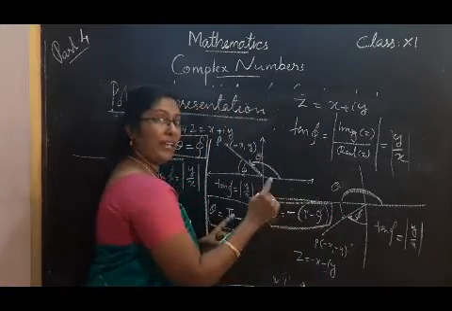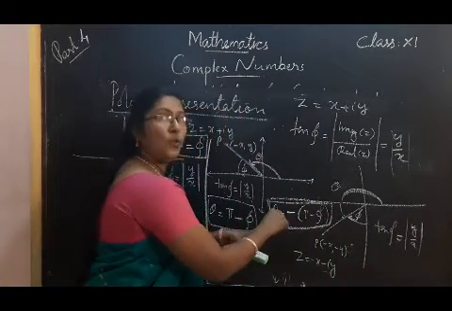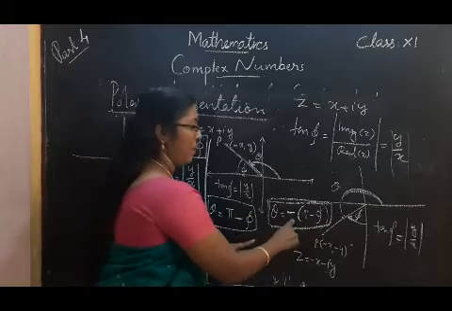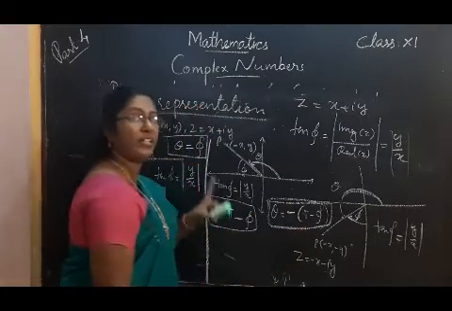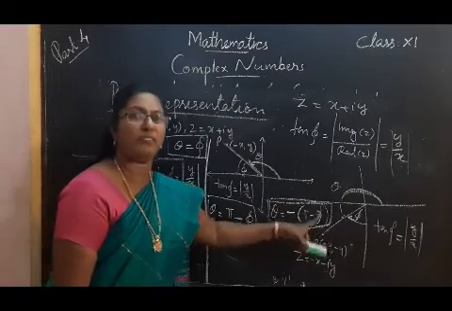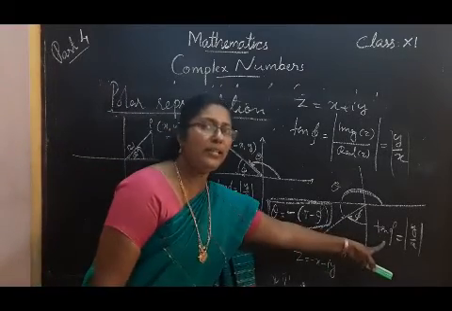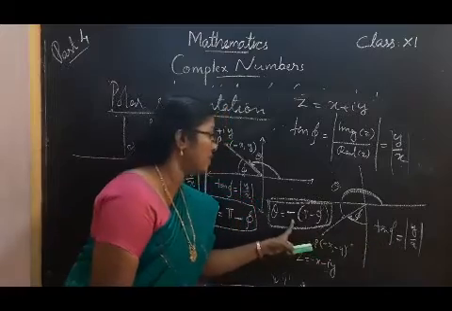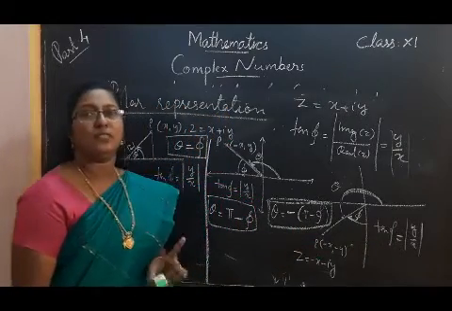Then to find theta, take minus of pi minus phi. First of all, find tan phi. Then take minus of pi minus phi.